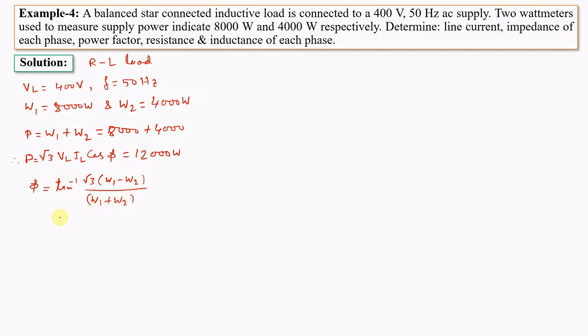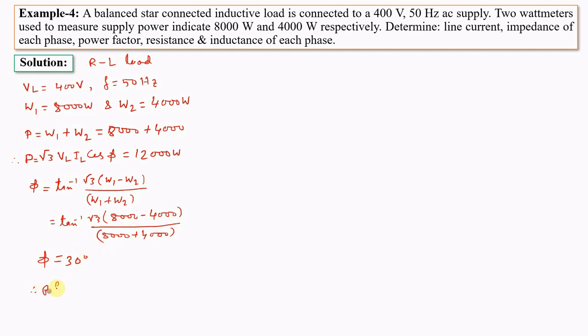So it will be tan inverse of root 3 into (8000 minus 4000) upon (8000 plus 4000). If we solve this, we will get the value of phi as 30 degree.